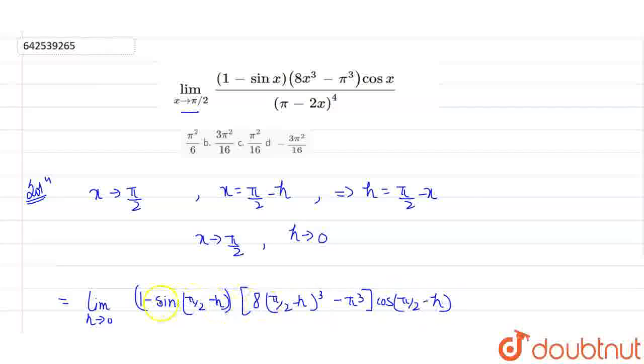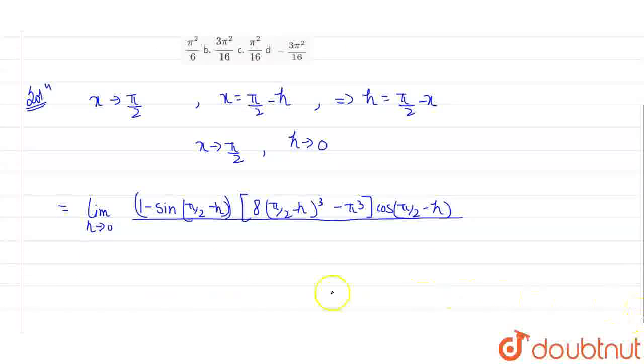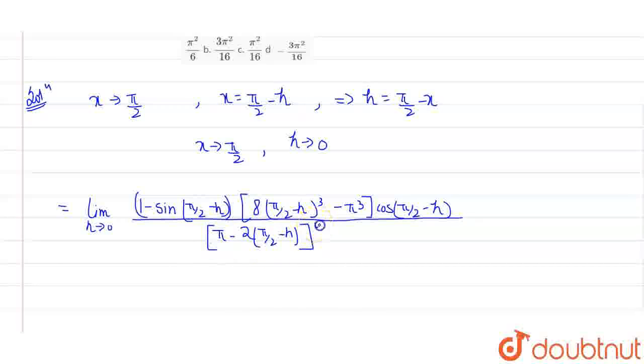It can be written like this. And for the denominator, we will write pi minus 2 times, not x this time, (pi by 2 minus h) whole power 4. It can be written like this.